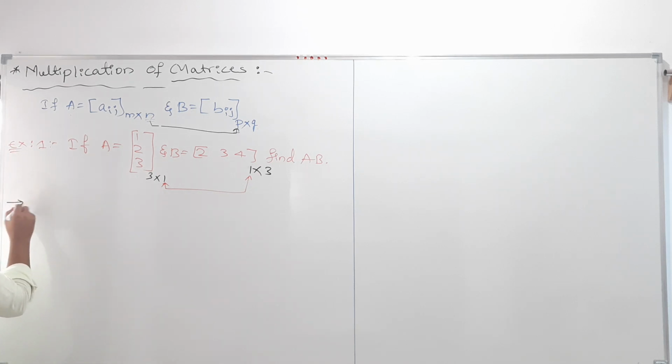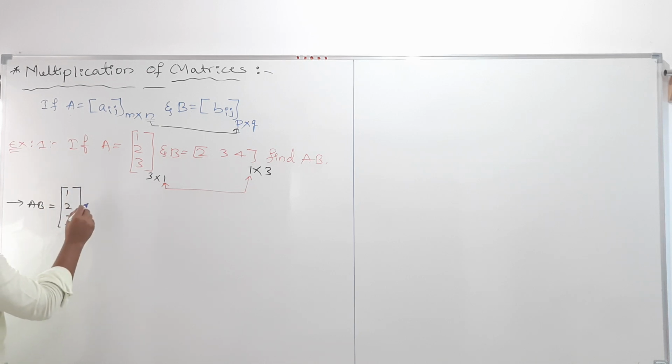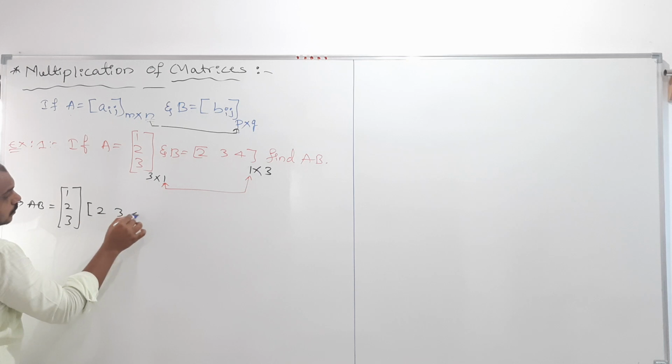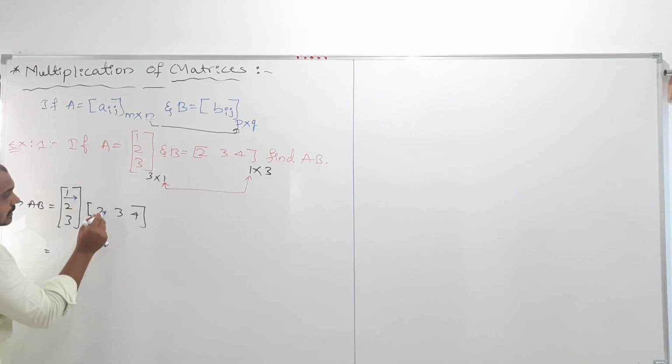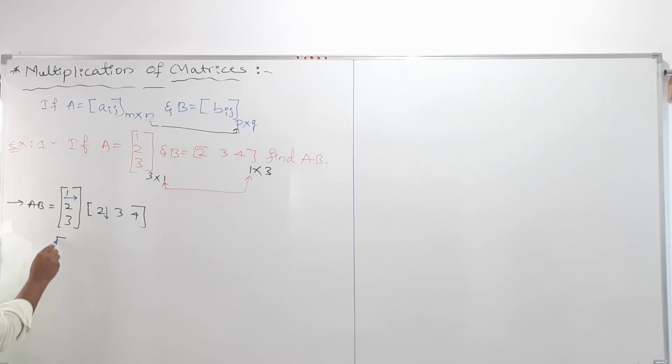My dear students, so A into B is equal to, what is A here? 1 2 3. This is your matrix A and the other matrix is 2 3 4. Multiplication is done like this, row by column. This is the first row and this is the first column. So we should multiply the first row, first column element: 1 into 2.